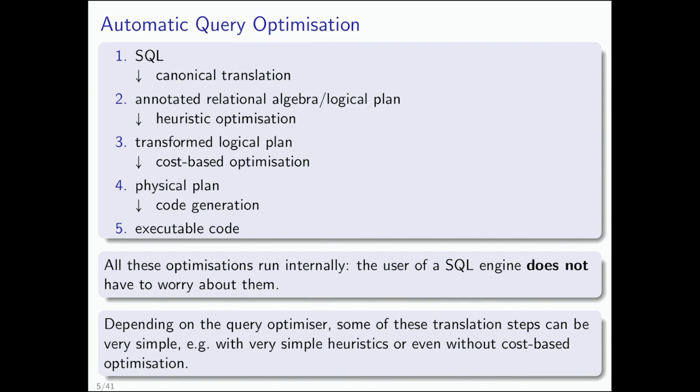However, we are in a domain-specific world, this data retrieval, data updating SQL world, very domain-specific. We can play a couple of different tricks that are not available to general purpose optimizers. And at the end of the day, we produce executable code, and then this code is executed and hopefully produces the result we declared in SQL in the first place.